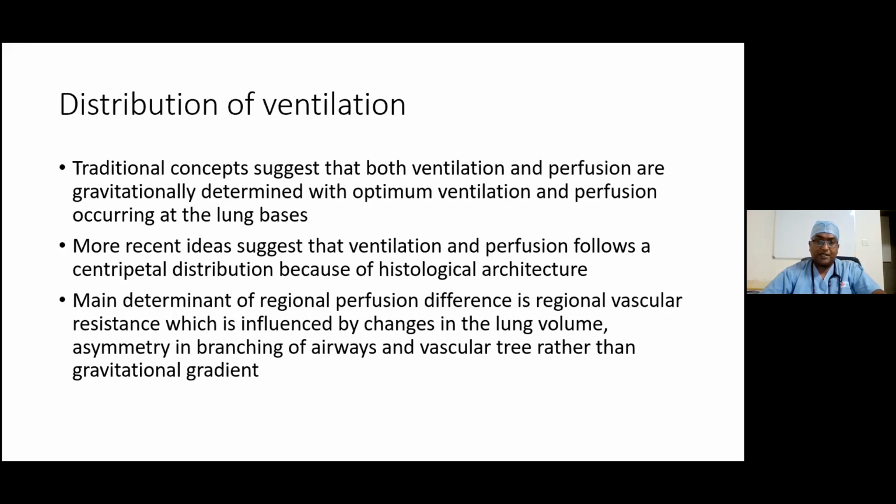But more recent data, ideas and clinical evidence suggest that ventilation and perfusion follow a centripetal distribution because of histological architecture. The main determinant of regional perfusion difference is regional vascular resistance, which is influenced by changes in lung volume, asymmetry in branching of airways, and vascular tree rather than a gravitational gradient.